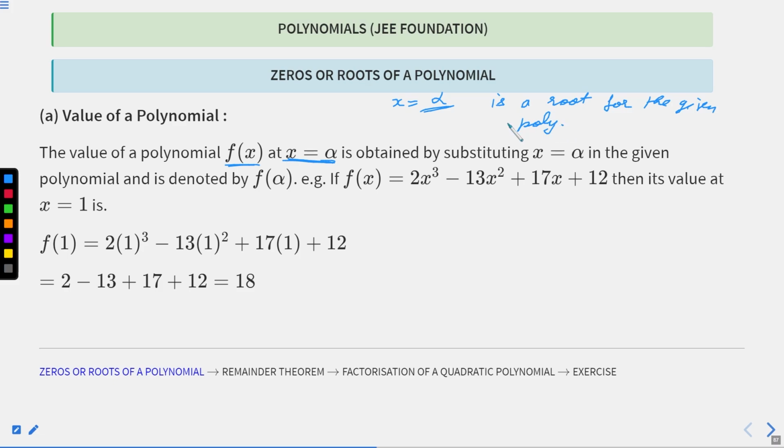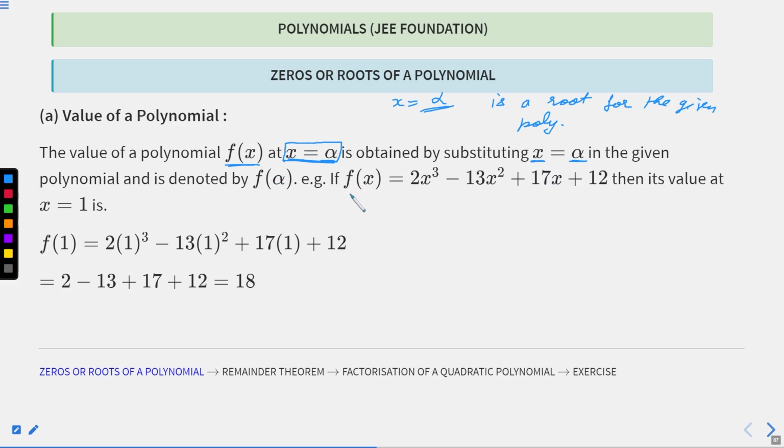I hope this is clear. Now we are talking about the value of the polynomial f(x) at the point x equals alpha. So how are we going to do that? It is quite simple. Just replace x by alpha and you will get your respective value.